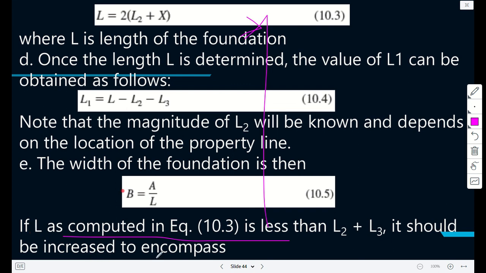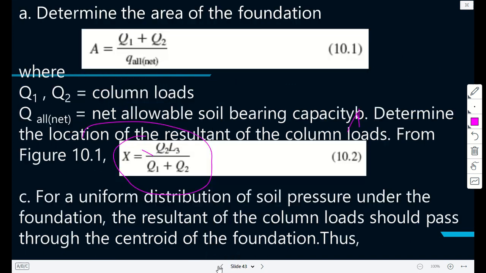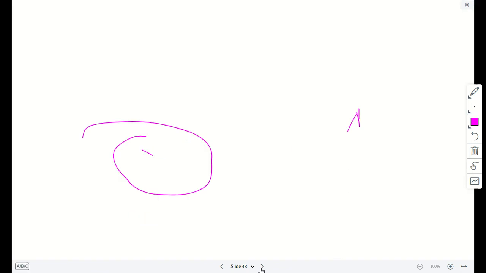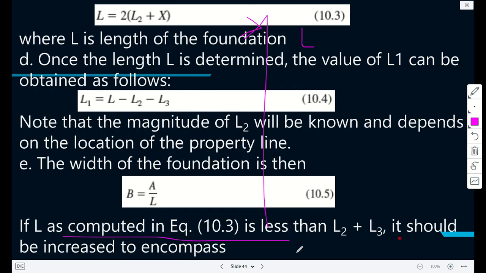If you calculate L, because L should be the entire thing, L2 plus L3 should be less than L. But sometimes if you find that these are more, then you need to increase L such that L is greater than L2 plus L3. That's what we are saying.